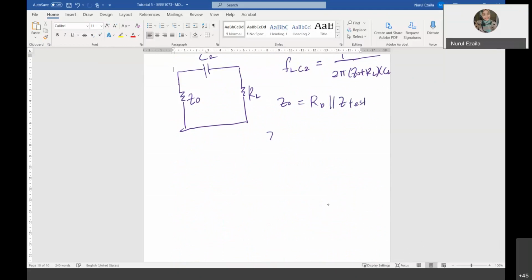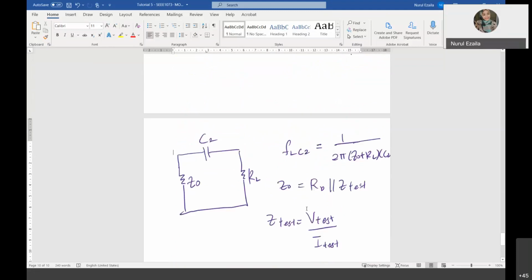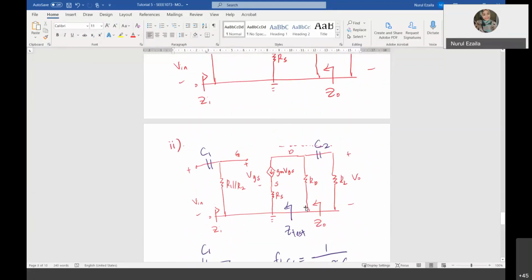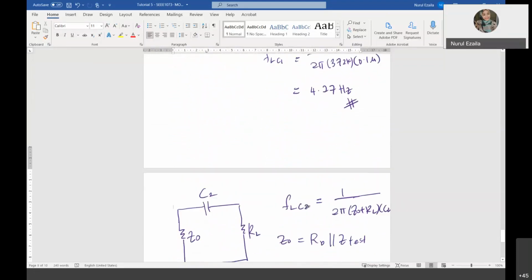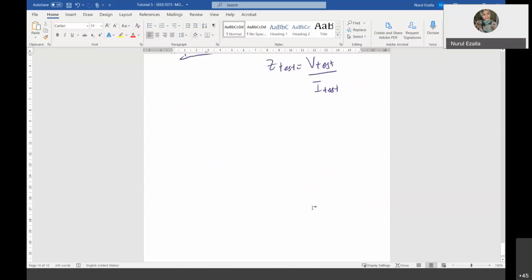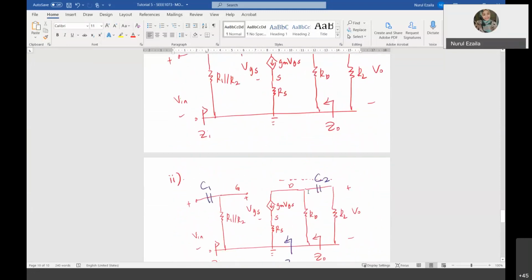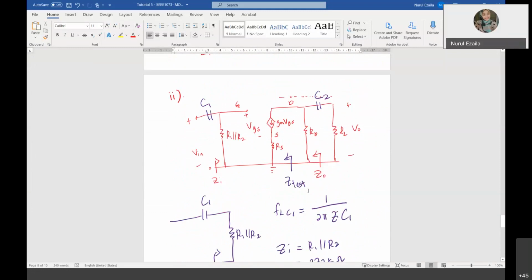I don't want to derive it, but it is equal to V test over I test. Then you apply VTS and so on. Let me just give you a hint on how to find V test and I test.